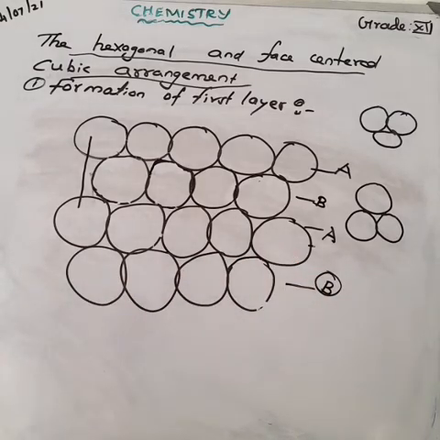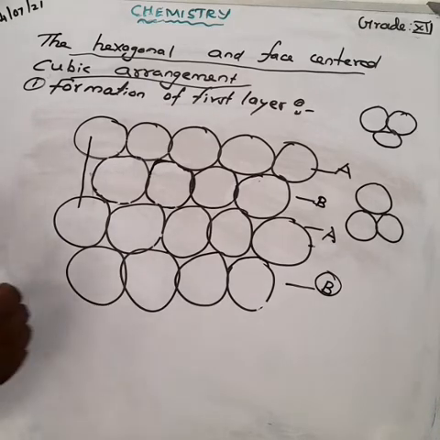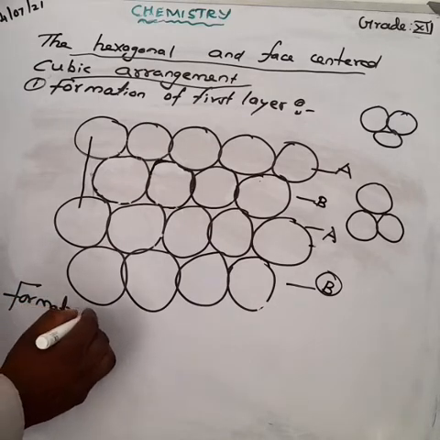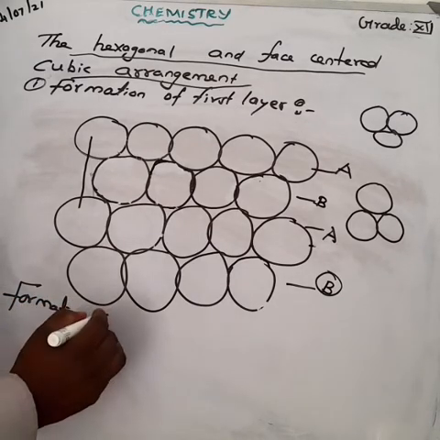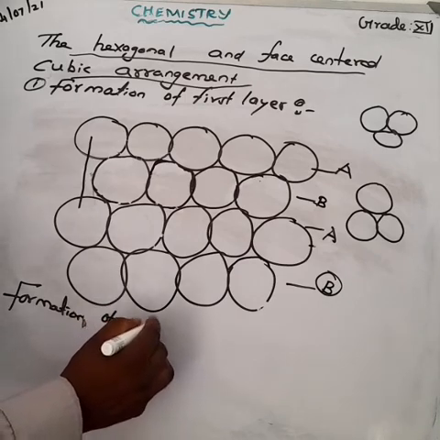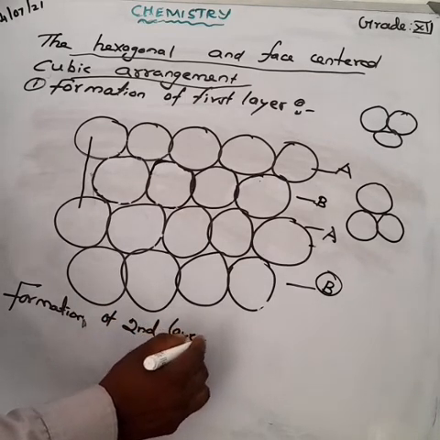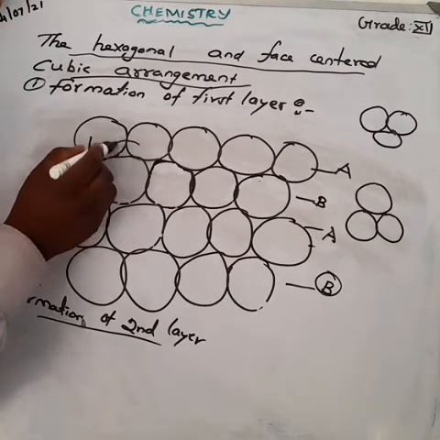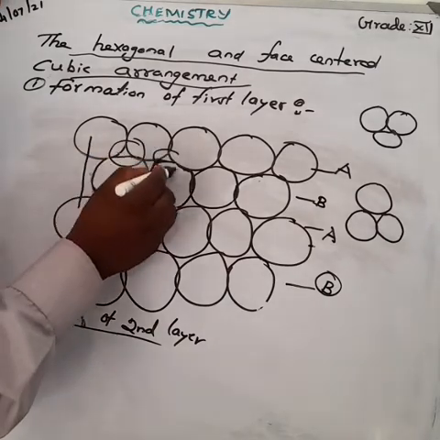Next, what about the formation of the second layer? Dear children, now please watch carefully the page number 189, the first diagram. In between the spheres, there are two different types of holes. Am I right?